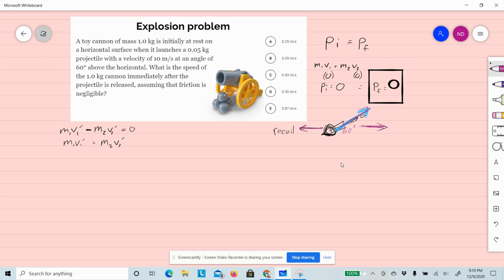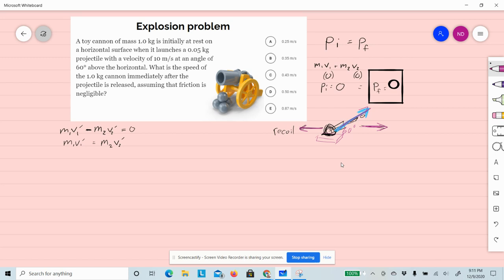If the net forces are not 0, momentum is not conserved. When the cannon fires, if we had a bathroom scale underneath this thing, measuring its weight, when this thing fires, the forces are not balanced. There's got to be a greater force up to prevent this thing from moving into the earth. The normal force is going to be much greater than the weight down.